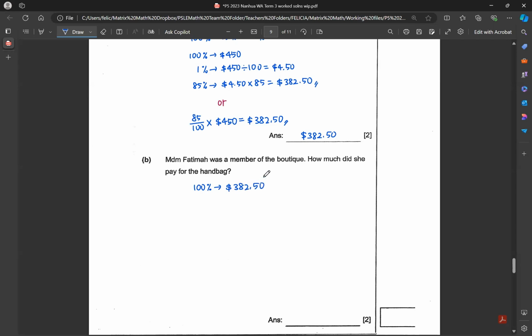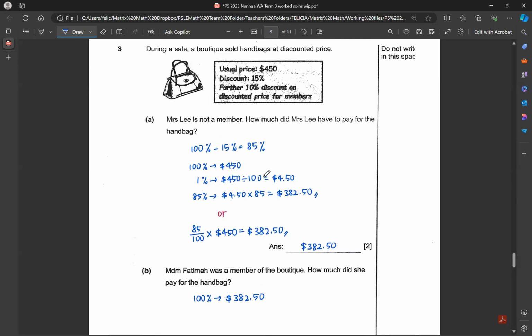See it as two different layers of calculations. The first 15% is your first layer, which you have already calculated earlier. Your second layer of discount is your 10% discount. Based on layers logic, your new 100% is your $382.50, not your 450. 450 belongs to the first layer.